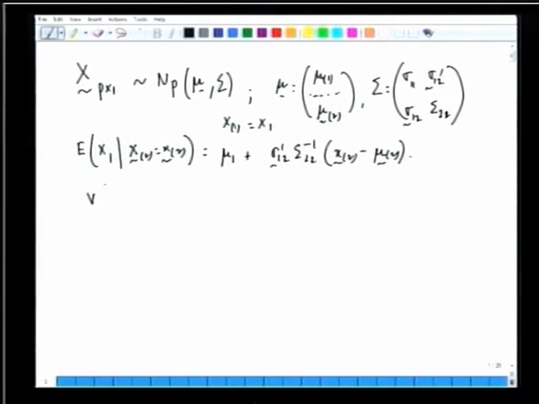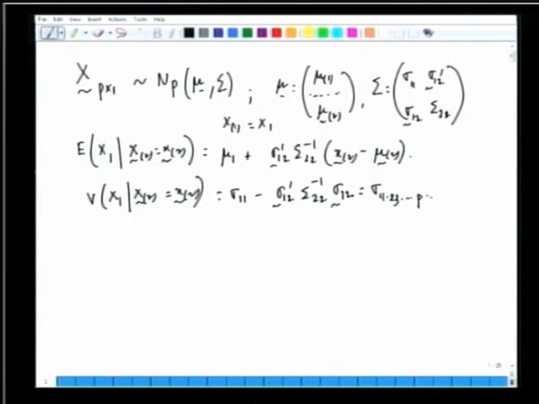And what was the conditional variance? Variance of x1 given x2 was nothing but sigma 1 1 minus sigma 1 2 sigma 2 2 inverse and sigma 1 2, and we are giving a special notation to this and we are calling it sigma 1 1 dot 2 3 to p, right.